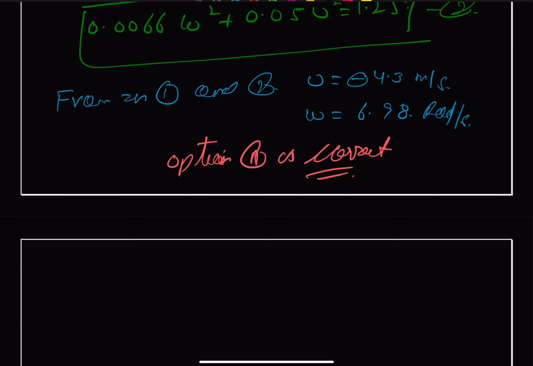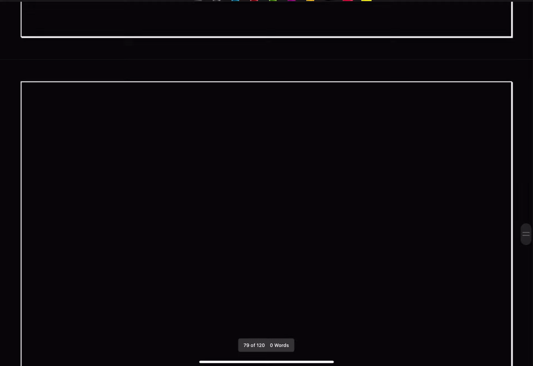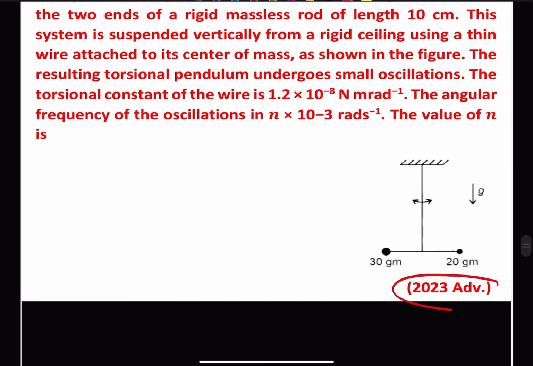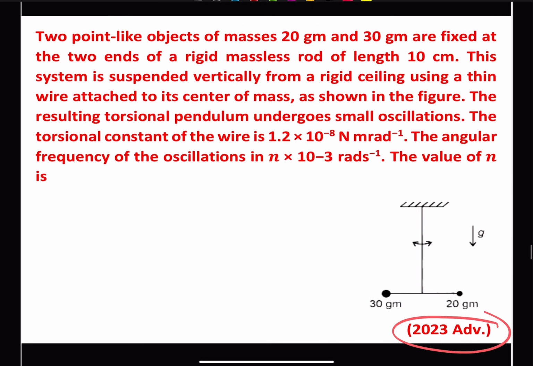Next question. This was also asked in the year 2023 Advanced, and it states that two point-like objects of masses 20 gram and 30 gram are fixed at two ends of a rigid massless rod of length 10 centimeter.